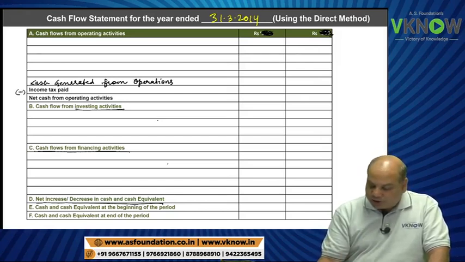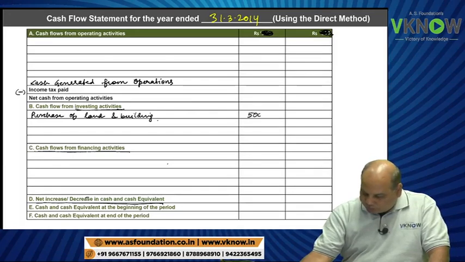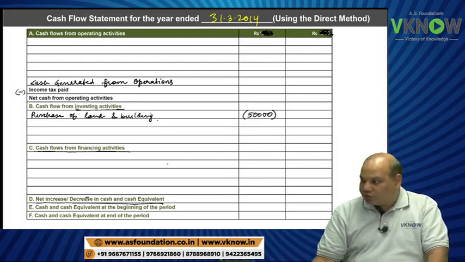So we are going to write in investing activity: purchase of land and building 50,000, in bracket.